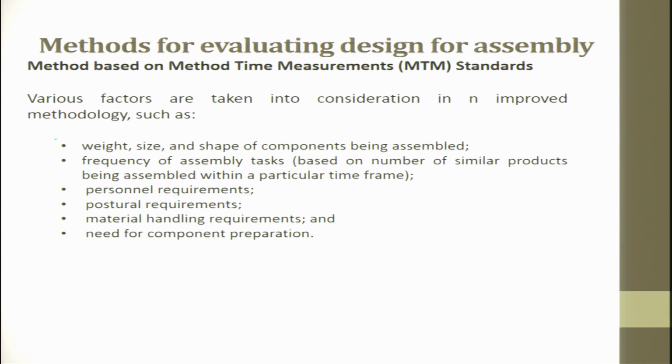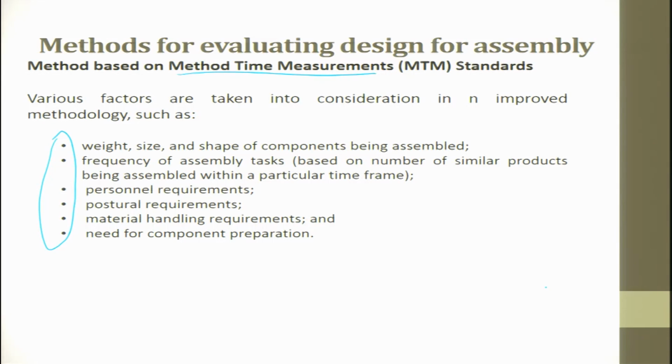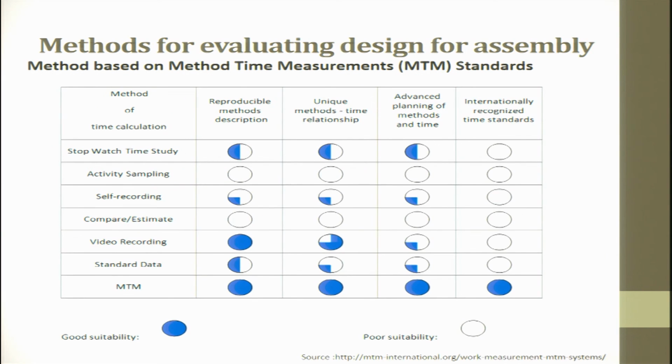So all these things are evaluated. First it is recorded, and then they try to split it up into small events, accommodate all sorts of events, and for each event they calculate the cycle time. With that the method time measurement is done, and this is also an evaluation method for design for assembly.